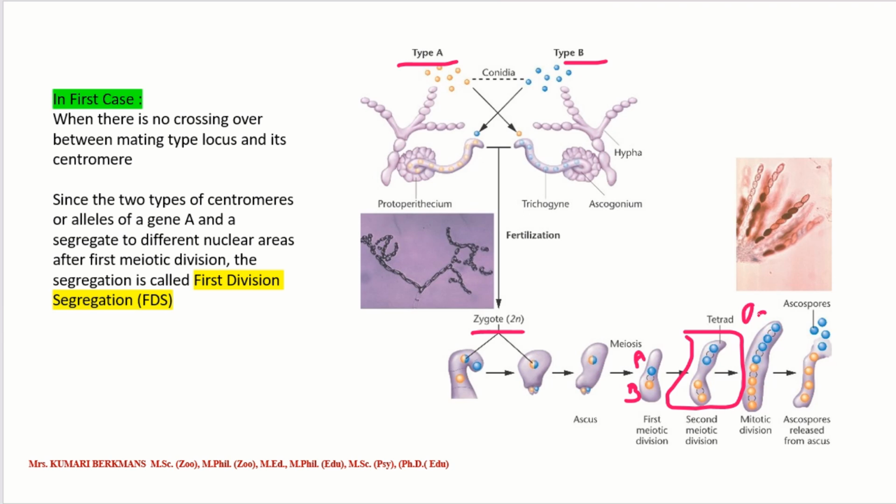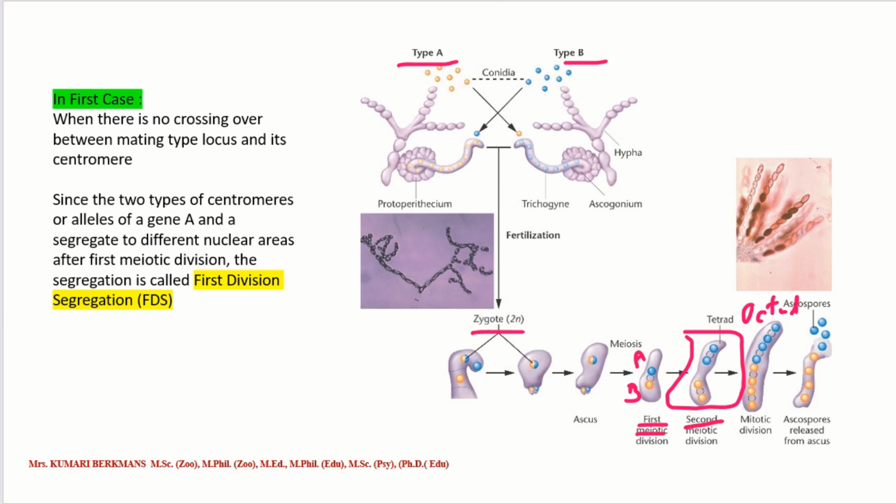Octad in the sense 8 spores are present here. So here the mitotic division takes place and produces this octad, and then these spores are released outside. The first meiotic division is the reduction division.